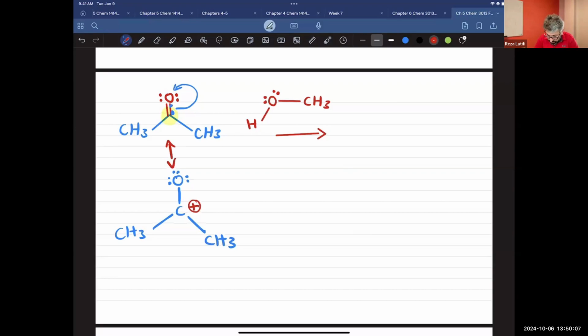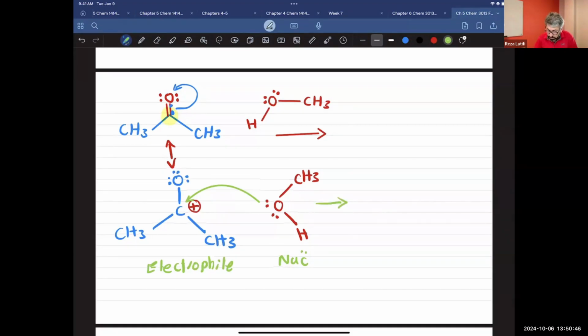Your nucleophile will be the oxygen that has CH3 and H, and of course it has 2 lone pairs as well. It's going to share one of those lone pairs with carbon to make carbon active. So this is going to be the nucleophile, and this one will be the electrophile.